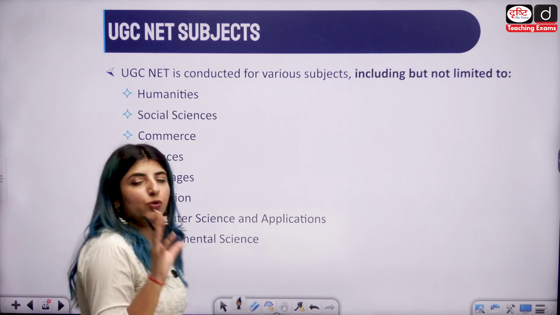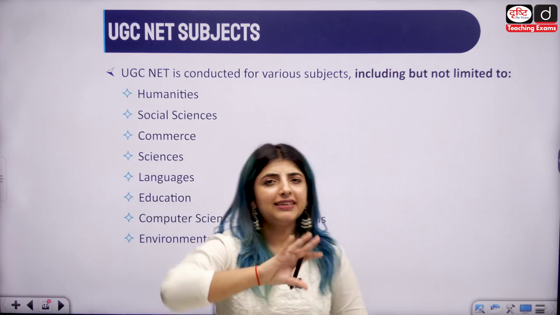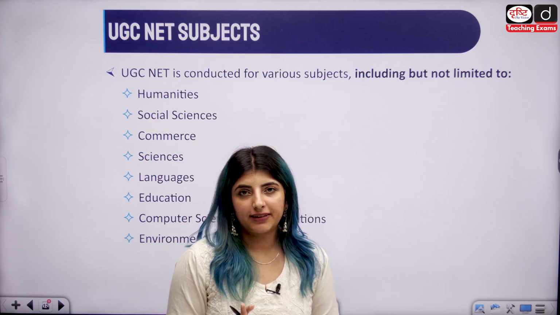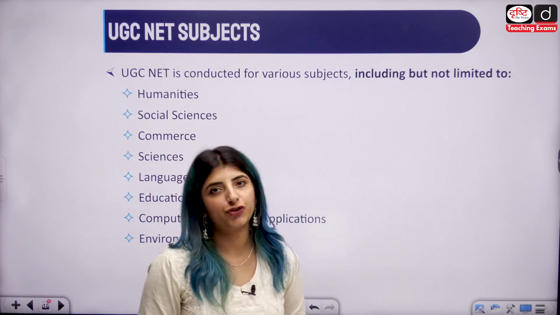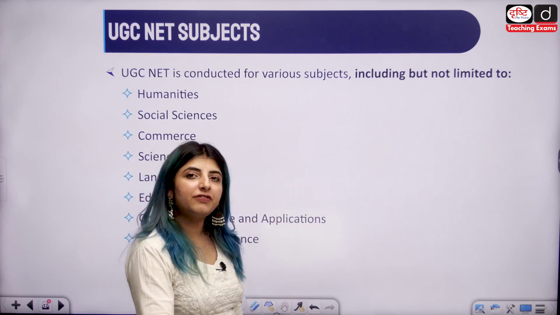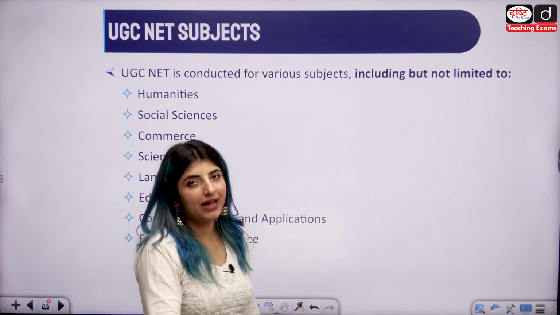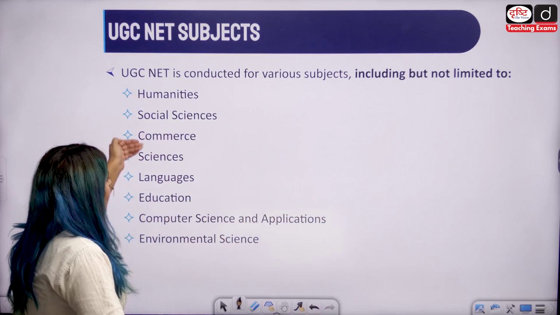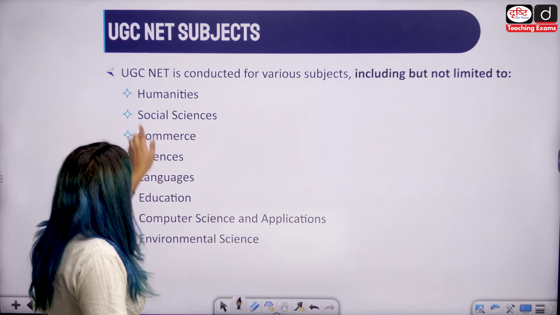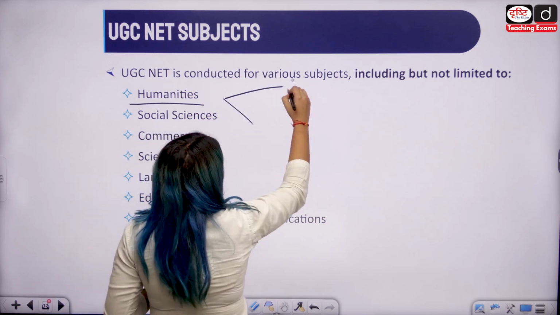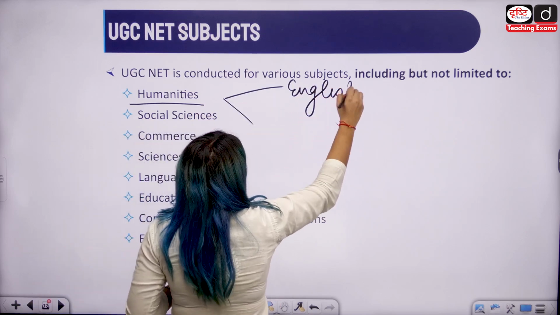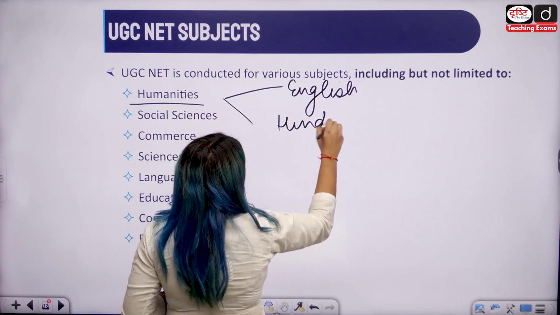As I told you, the paper is conducted in various subjects. You can go to the NTA UGC-NET official website, and you can find the list of subjects in which this examination happens. Of course, I have brought the most important ones here. We see humanities, like we have English literature, right? We have Hindi literature.